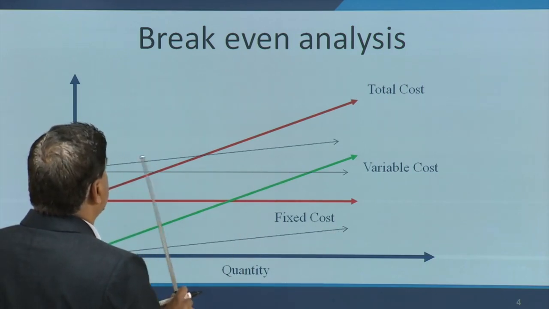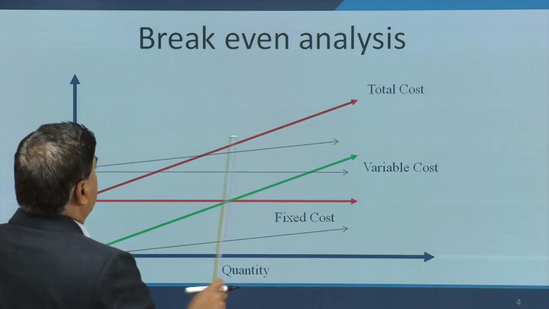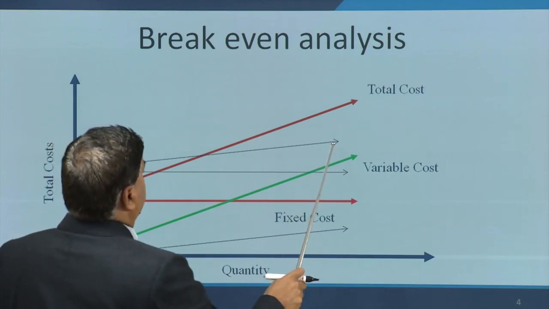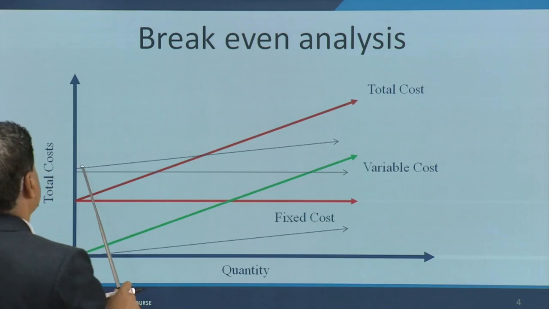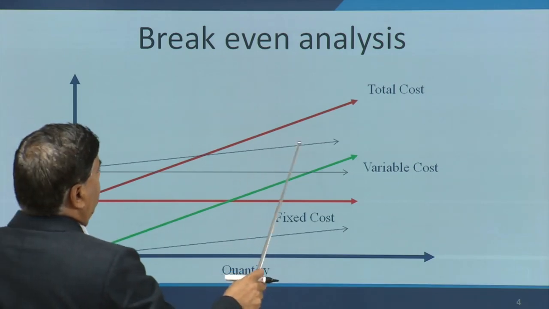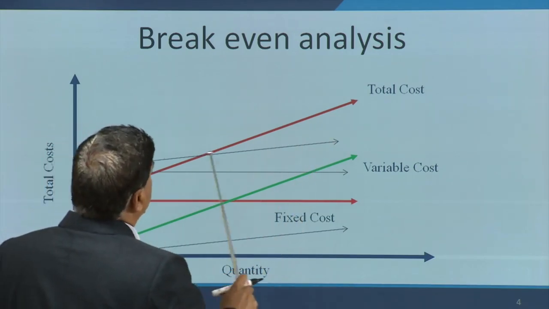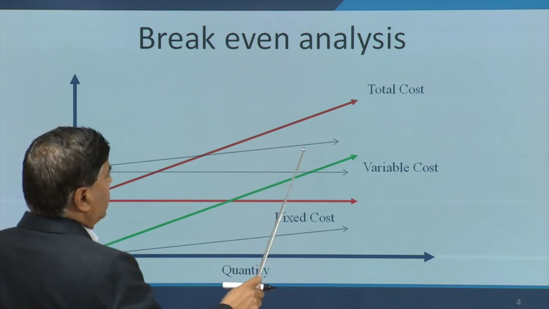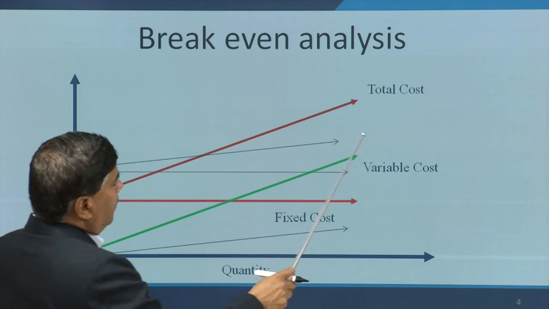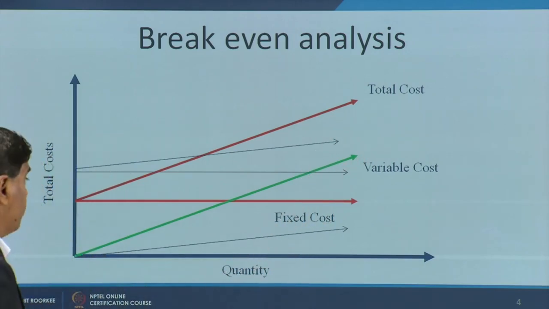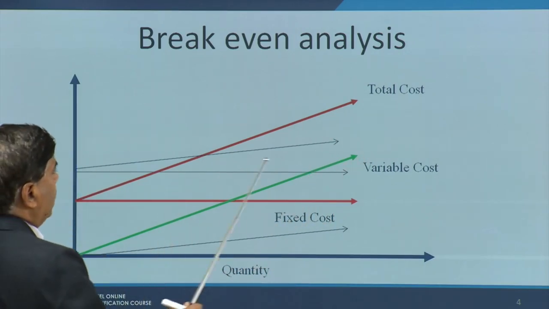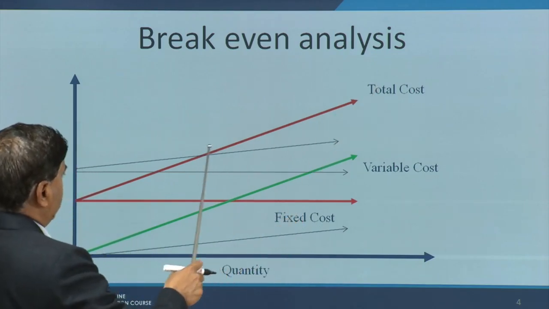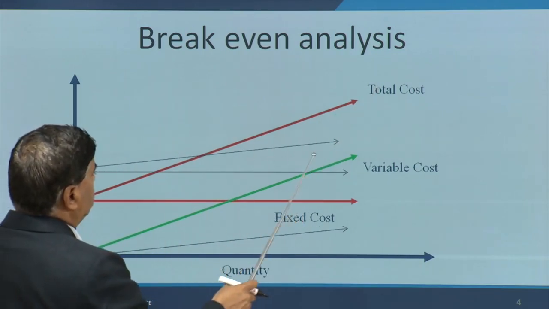So, if we see here the variable cost and total cost, initially the total cost is high. For low volumes obviously the total cost is high, but it becomes cost effective on going to higher volumes. So, the total cost for option 1 was this, and the total cost for option 2 is this.